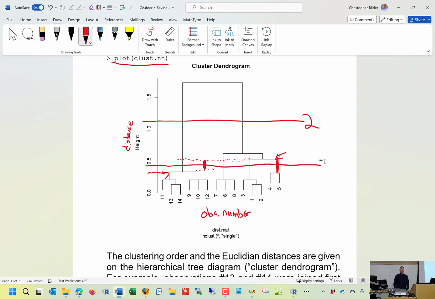I would draw a line across, and that would correspond to 1, 2, 3, 4 clusters, because of the number of times that horizontal line intersects the branches of the tree.